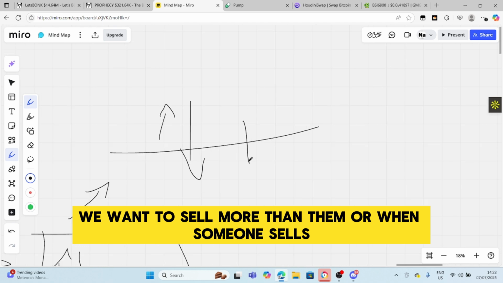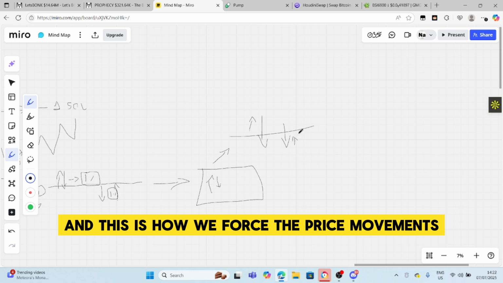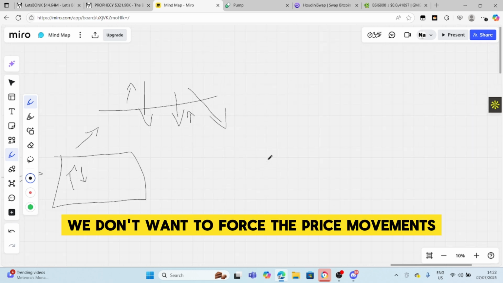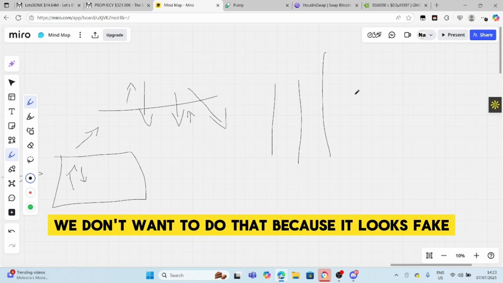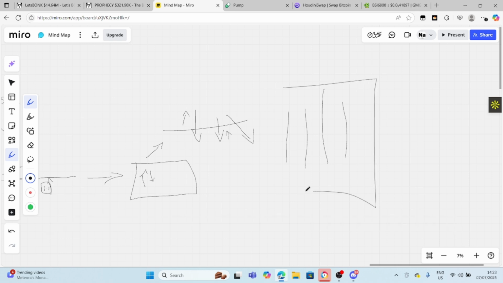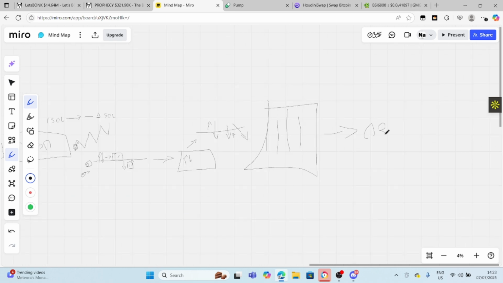Or when someone sells, we want to buy very little. This is how we force the price movements. We don't want to force them with big candles because it looks fake. All that matters in this meta is organic, in quotes.